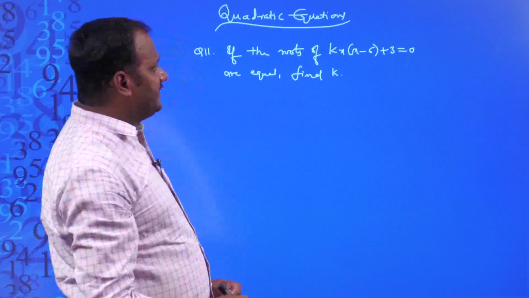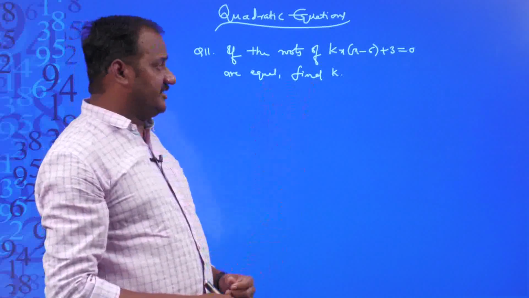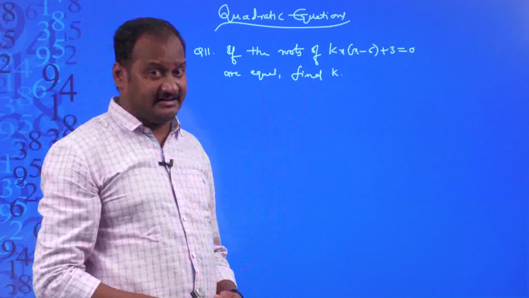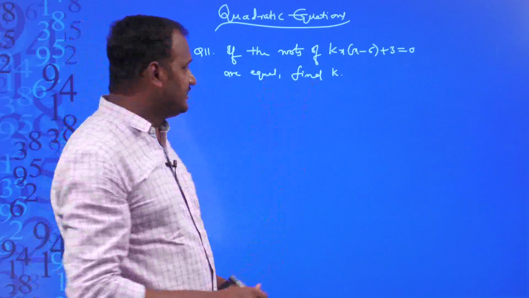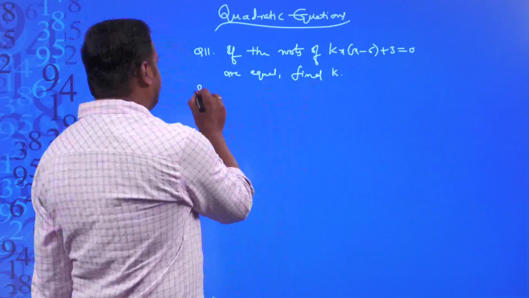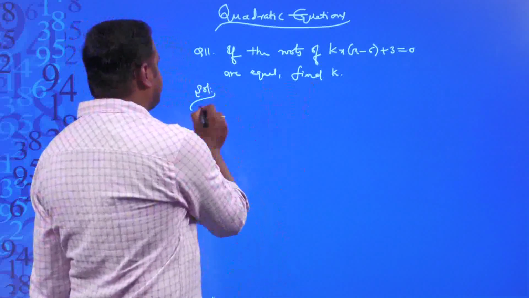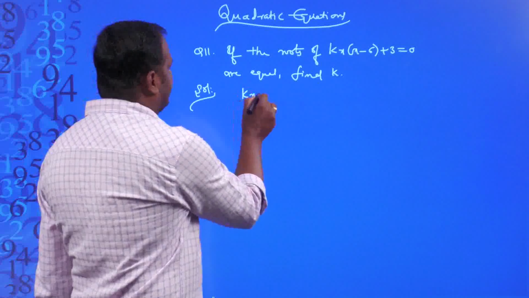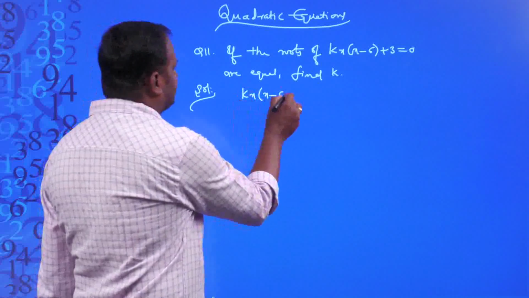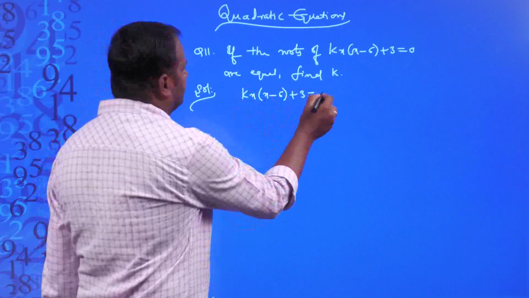If you want to find the discriminant, our given quadratic equation should be in the standard form, right? So, what is the quadratic equation here? The quadratic equation is kx times x minus 6 plus 3 is equal to 0.